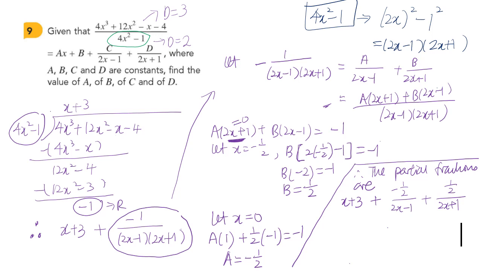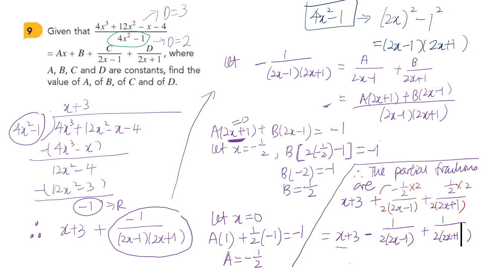Alright, so we use the same trick, times 2, times 2. So we end up getting x plus 3, then minus times negative is negative. Half times 2 is 1, so 1 over 2 bracket 2x minus 1 plus 1 over 2 bracket 2x plus 1. Alright, but this is not the answer yet.